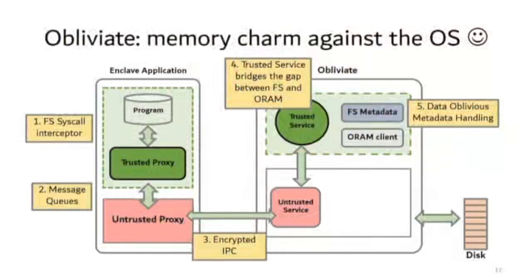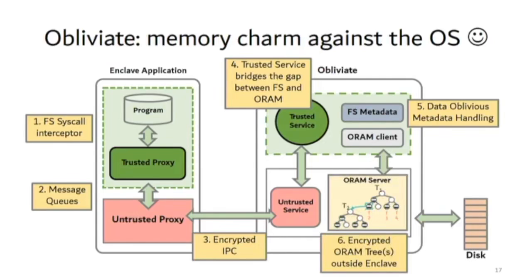Now, ORAM, as we just saw, was very simplistic in its model, whereas a file system has a few complex operations that you have to do. So to bridge the gap, we have a trusted service that runs within the enclave, and we provision it further to make sure that it doesn't leak information. We use data oblivious metadata handling, by which we ensure that side channels do not leak information from our implementation.